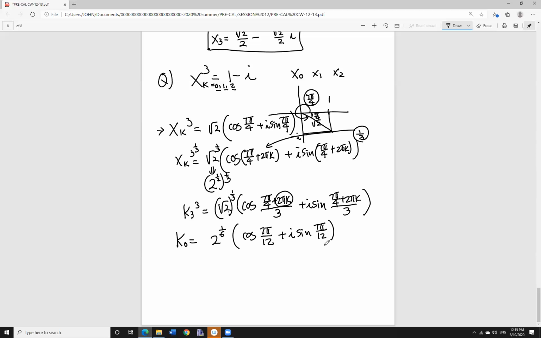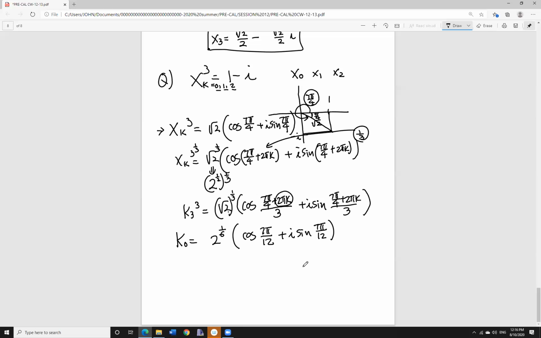What is 7 pi over 12? 105 degrees. That is not a special angle, so we have to use a calculator.